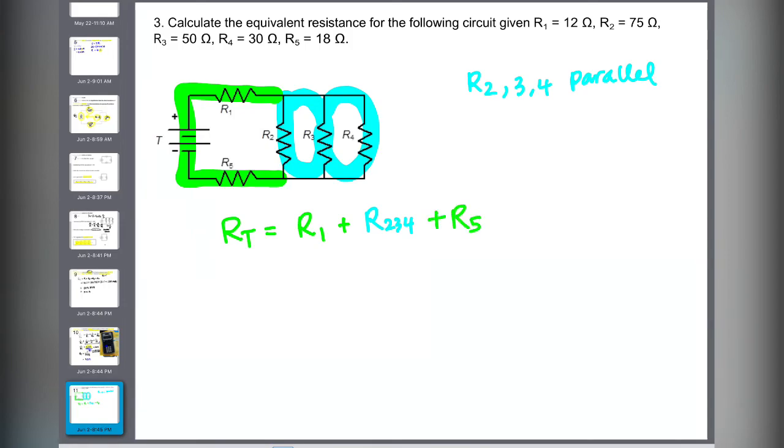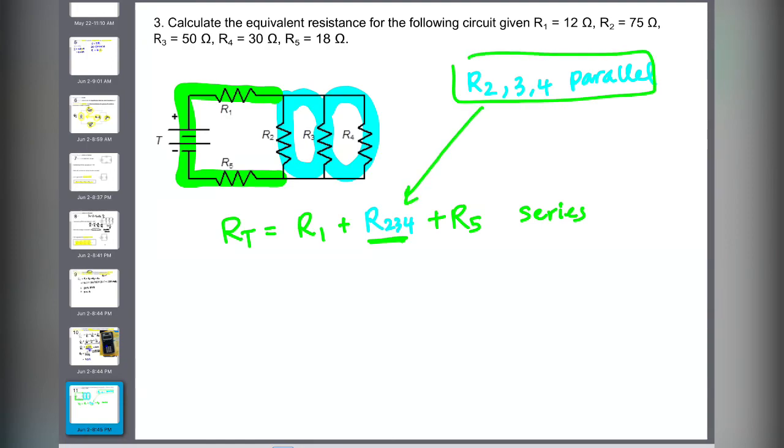So these are in series with each other, with the exception that I need to figure out separately what the parallel is first and then hook it in series with the rest of the circuit. So you've got to do it in steps. There are ways to do it in one step, but I'm not going to do that right now. So on the side, I'm going to do R2, 3, and 4, like example number 2.